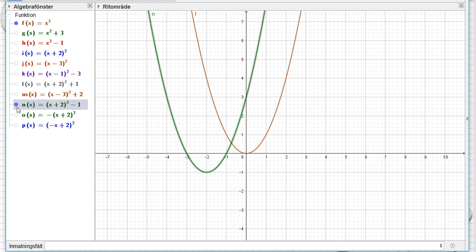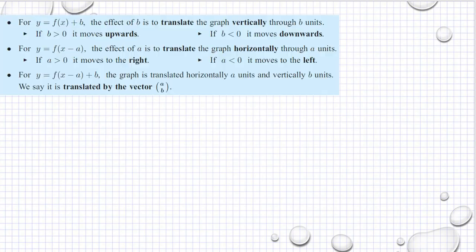Before I go further, there is also what we call stretches, for the next 2. If I summarize what I have said: for y is equal to f of x plus b, where b is a constant, the effect of b is to translate the graph vertically through b units.